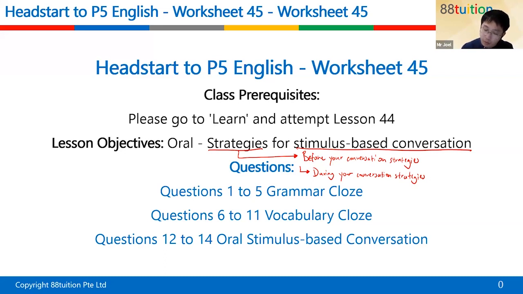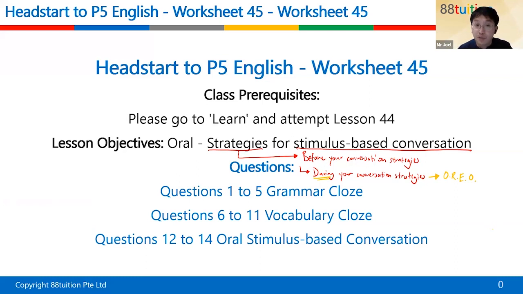I think the main one for today would be your during your conversation strategies. And so that would actually be this one. And we will be talking about a strategy called Oreo today. So you might have heard about Oreo in your school.